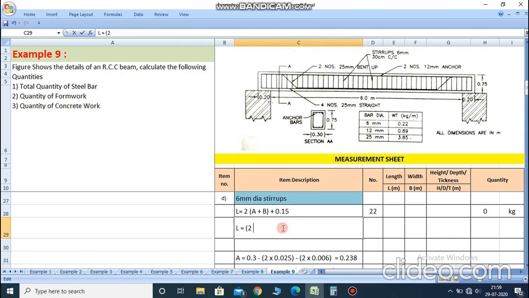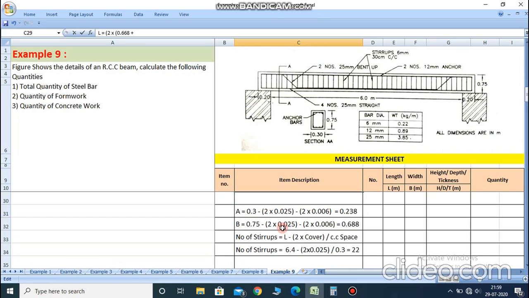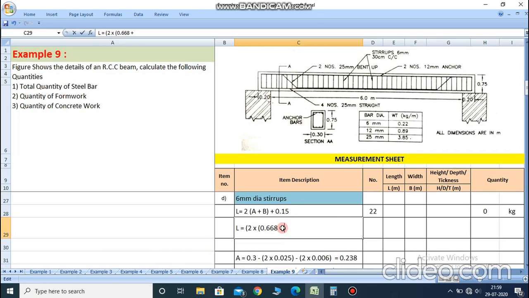So 2 multiplied by, in the bracket, 0.688 plus 0.238, plus 0.15.